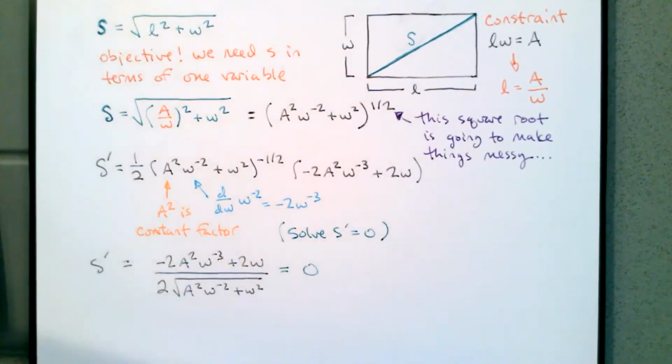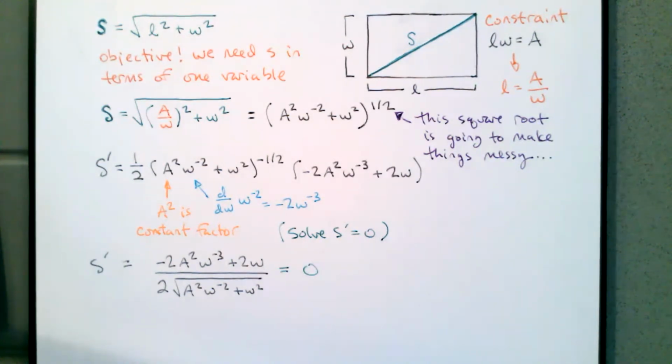Now, what will make the S prime equal to 0 is when the numerator is equal to 0. We have a little bit of a concern because we're dividing by the square root of A squared W to the -2 plus W squared. We can't multiply both sides by that square root if that square root is equal to 0.